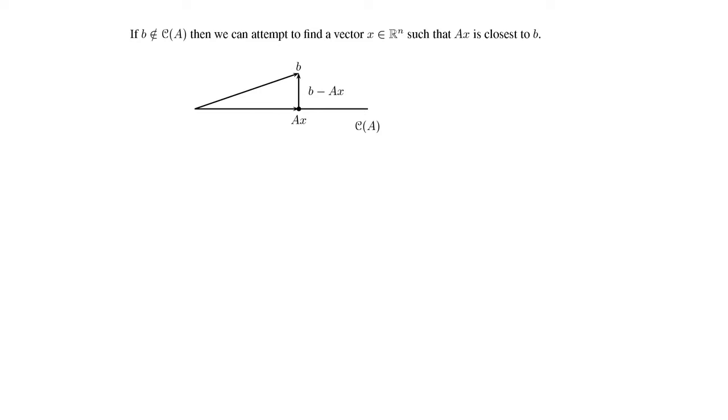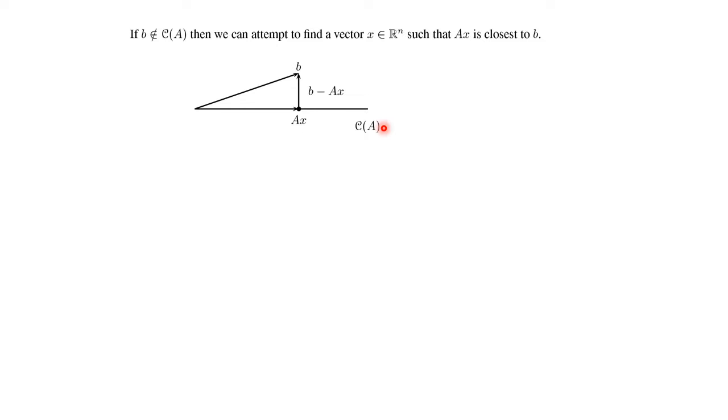And what we're trying to do then is to find a vector X so that AX is as close as possible to B. So here, this line here is meant to be the column space of A. So I've shrunk it down to be one-dimensional. Of course, it'll be n-dimensional in general.